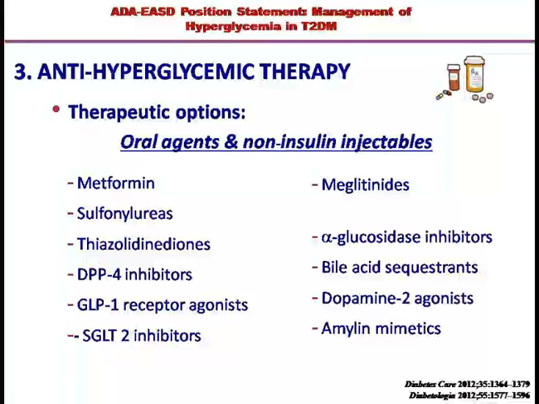Then we have dopamine 2 agonists. You have heard the name bromocriptine. I have never prescribed bromocriptine because A1C lowering is hardly 0.5%, less than 0.5%, and this drug is not efficacious. And then we have amylin mimetics. Again, they are injectable and not very popular in most places.